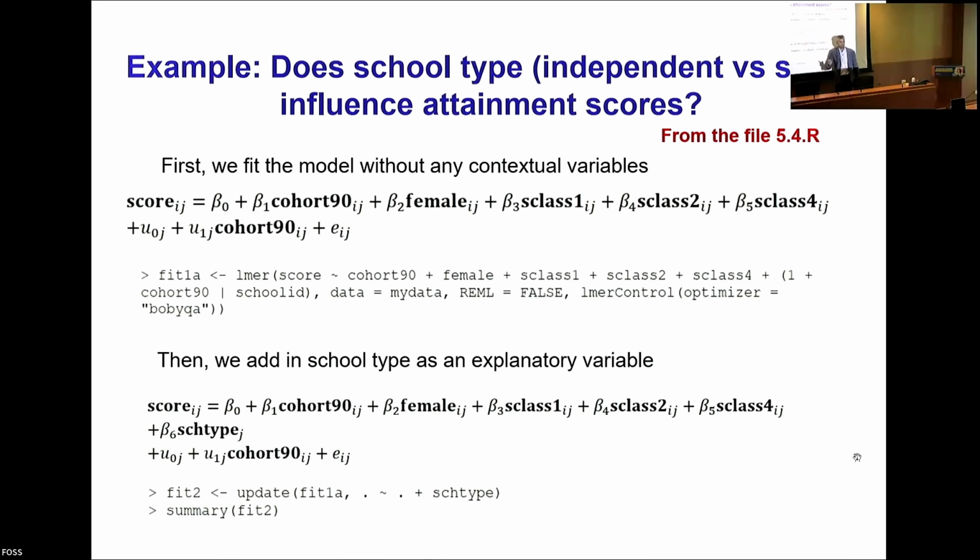So it's the same for every student within school J. So it doesn't have an IJ subscript, but all the individual level explanatory terms do. But in terms of the variances, there's no complicated difference in the variance. It remains exactly the same as before.